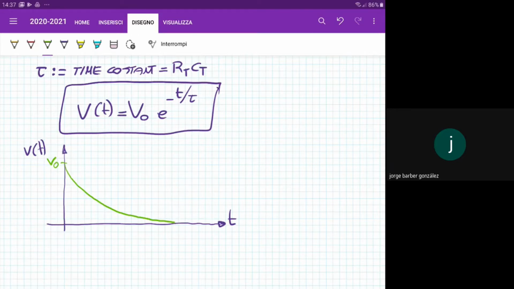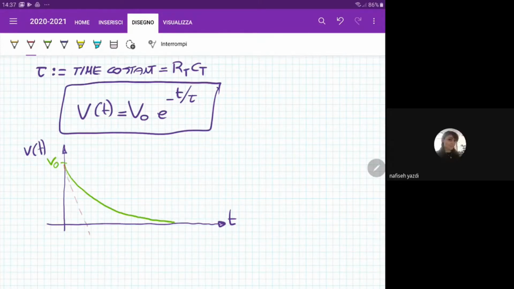In order to characterize the typical time of this function, let's consider this very well-known graphical consideration. If you start from t equal to 0 and you draw the tangent at its value, something like that.